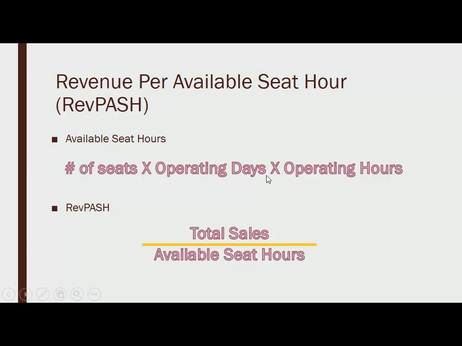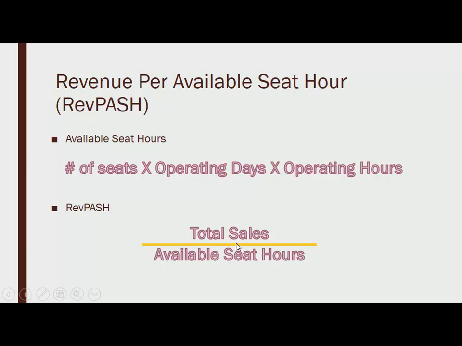So how many operating days in the period that you're evaluating? That'll give you the total number of seats available during that amount of time you want to look at. You can then multiply it by the operating hours because we're not always open for the same amount of time depending on the restaurant. So these operating hours are the hours that the restaurant is actually open. Okay, that will give you the available seat hours.